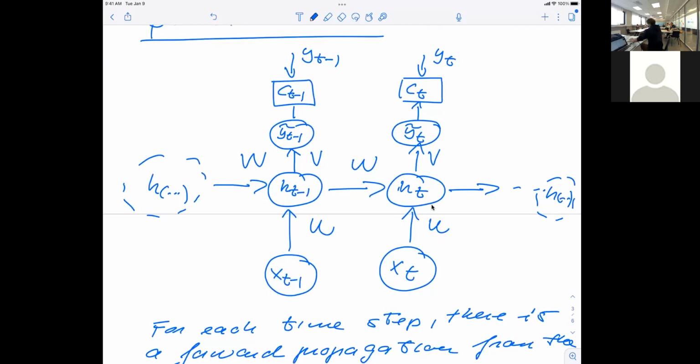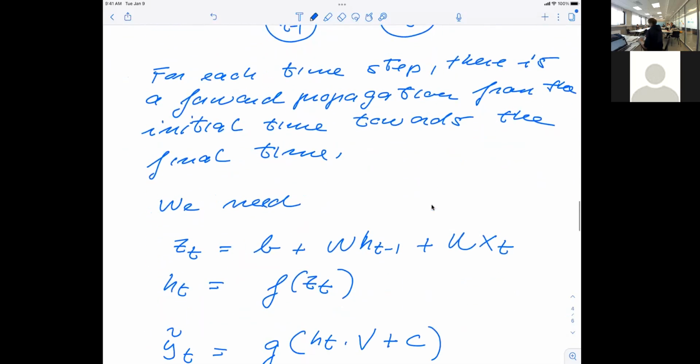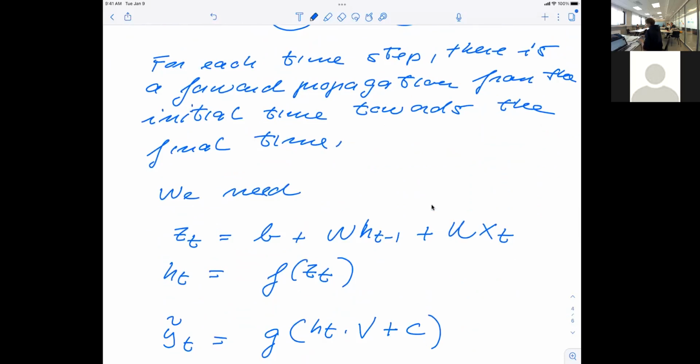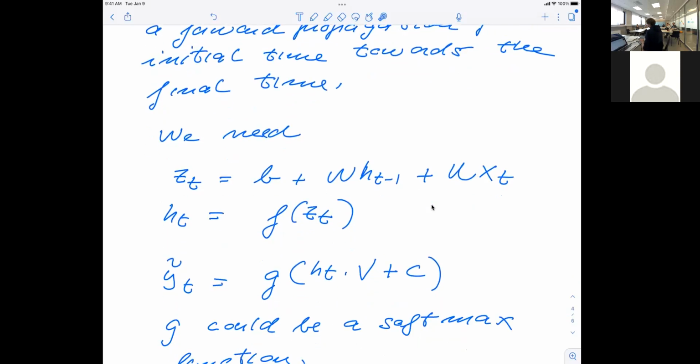If you look at the expressions you have, you would need the gradients with respect to these parameters. So for the cost function, you need these gradients. You need the gradients with respect to the biases. You need the gradients with respect to this quantity. You also need the gradient with respect to V and C. So your parameters are now hidden in here, here, here, here, and here.